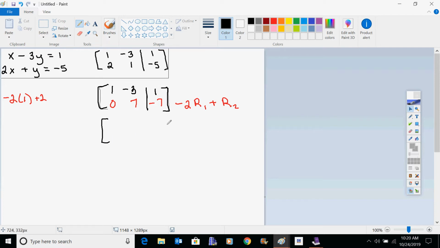Okay, so the next thing I want to do is I want to make sure that I get a 1 in this spot. Okay, what I'm looking for in these is diagonal 1s this way and a 0 here.